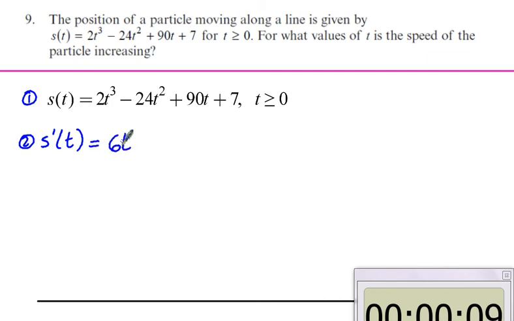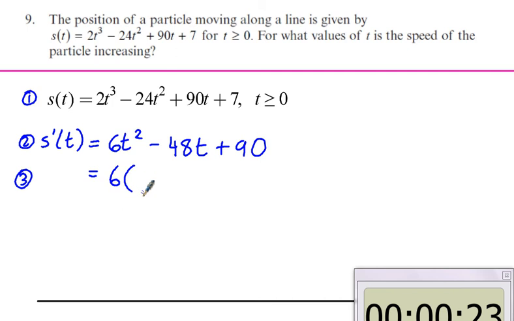6t squared minus 48t plus 90 plus 0. And I'd like to know when the speed is 0, so I'm going to go ahead and start factoring this, and I notice that each of the values has a common factor of 6. So I could factor out 6: t squared, 6 times 8 gives 48, and 6 times 15 gives 90.